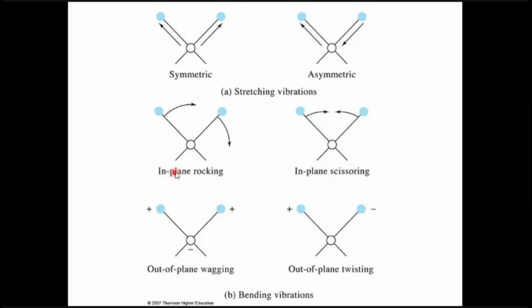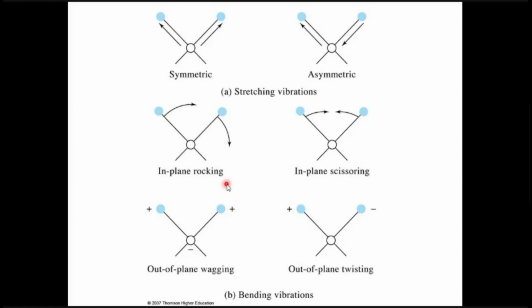In plane vibrations are of two types: rocking and scissoring. In case of rocking, both the atoms start moving towards the same side, and relatively the central atom remains stationary. I am saying relatively, it is not absolutely stationary. So this is called rocking in plane bending vibration.